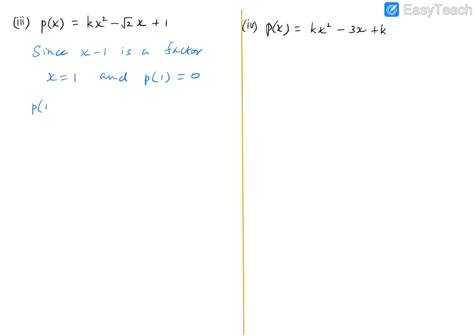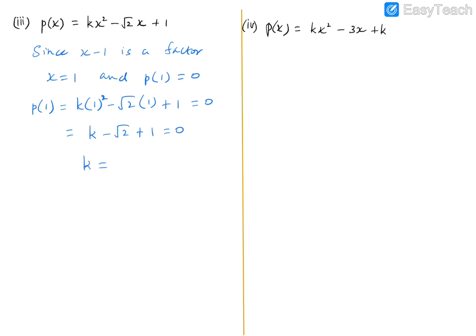So therefore we'll have p of 1, which is k into 1 square minus root 2 into 1 plus 1 equals 0. So k into 1 square is k minus root 2 plus 1 equals 0.